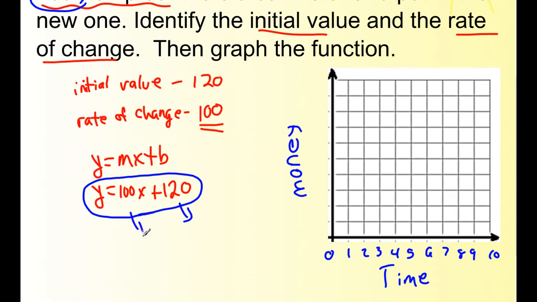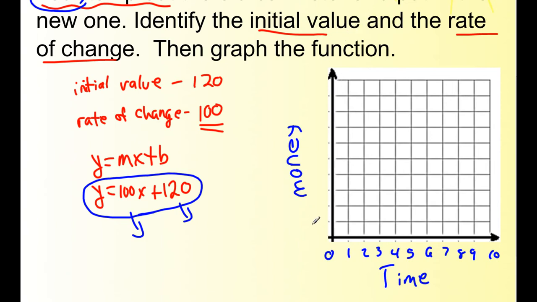And I'm going to be going up by 100 every hour. I don't think it would make sense to go like 10, 20, 30 up to 100, because if we count by tens, we don't even get the first initial value on there of 120 bucks. And because this is going up, increasing, I wouldn't get any other values either.